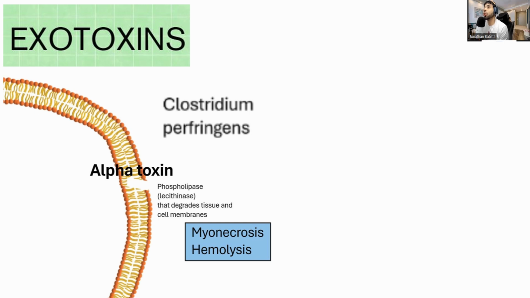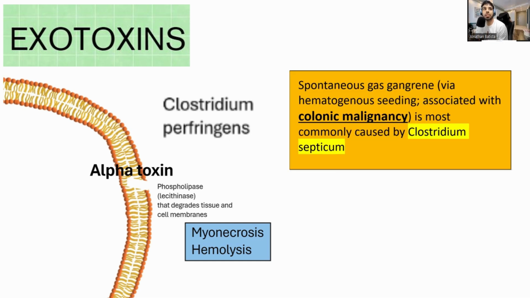Now, I should also mention, side note, there's also something called Clostridium septicum. As crazy as that sounds, yes. We need to know this because it behaves just like perfringens, but it can cause colonic malignancy. It's a Clostridium. This can be associated with colonic malignancy.